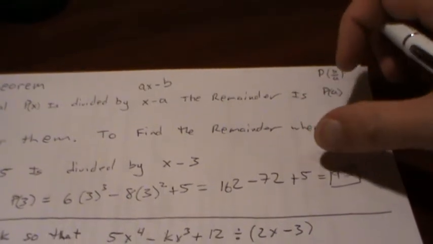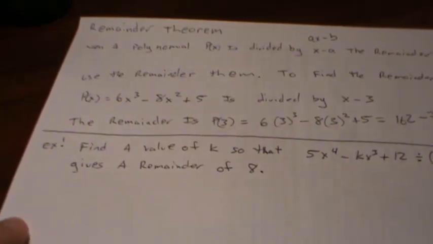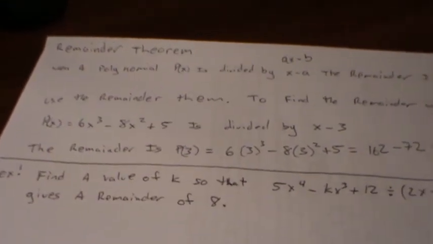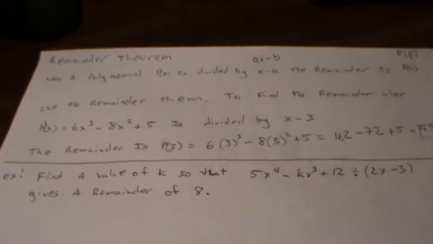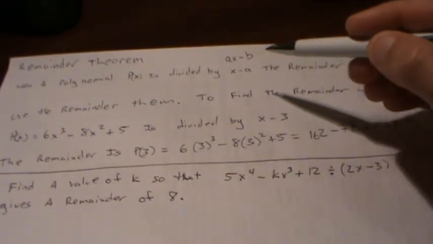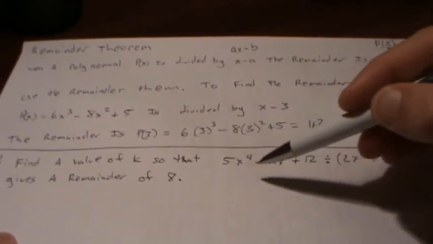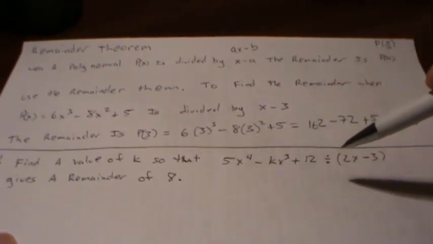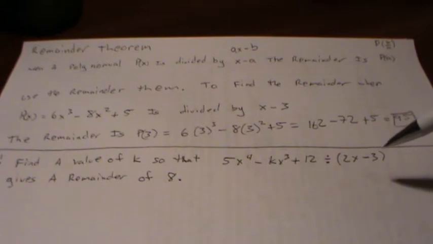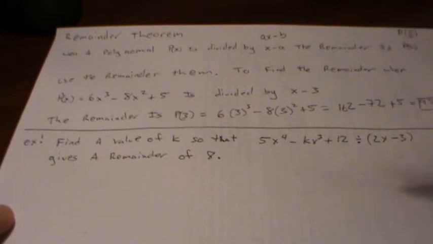Okay, and so I take this situation here. Let me spread out so you can see this a little bit better. Now I have an ax minus b here, and my remainder is going to be p of b over a. Now when I take this and divide it by this, I should get a remainder.